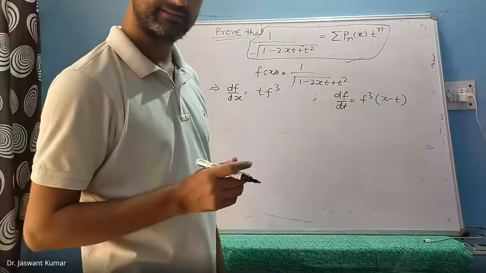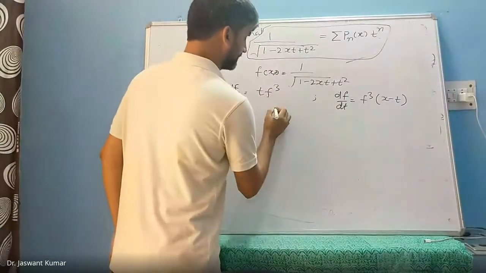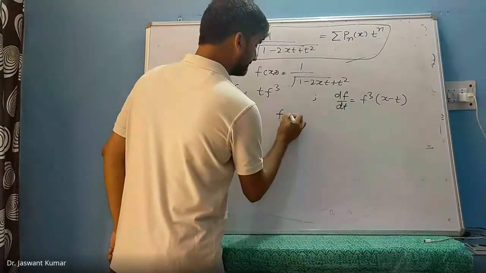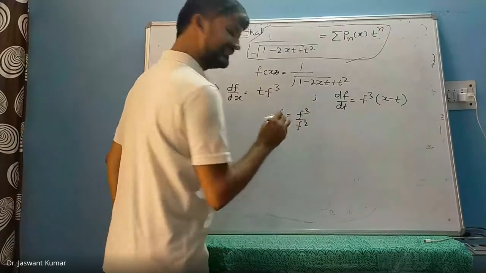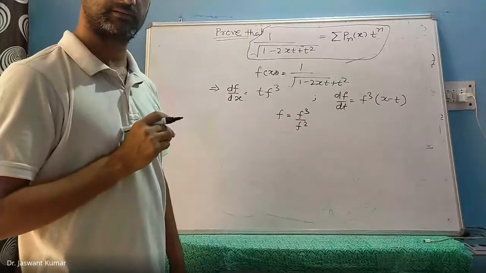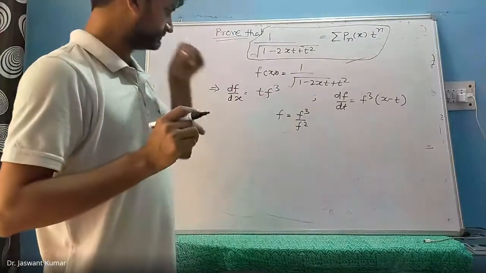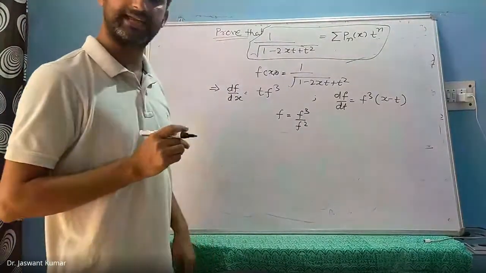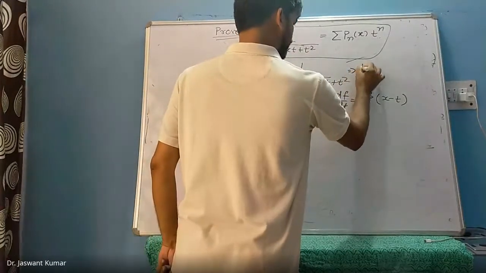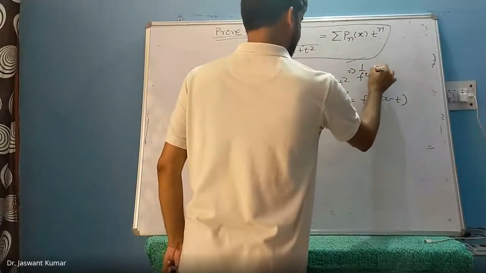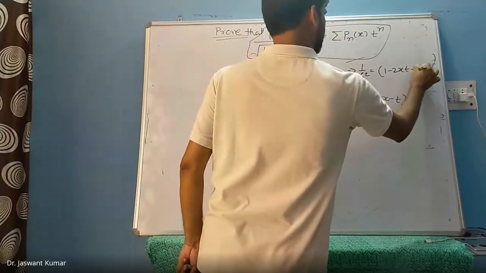Yes. One of the tricks that we have put is that we have written f equals f cube by f square. The reason we have put that trick is that 1 by f square is nothing but 1 minus 2xt plus t square.